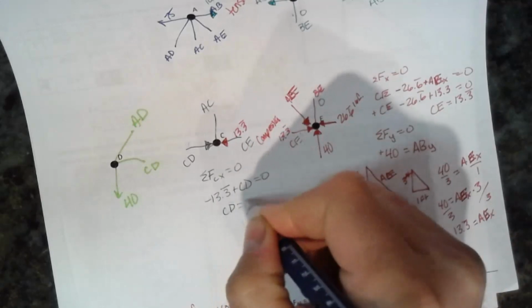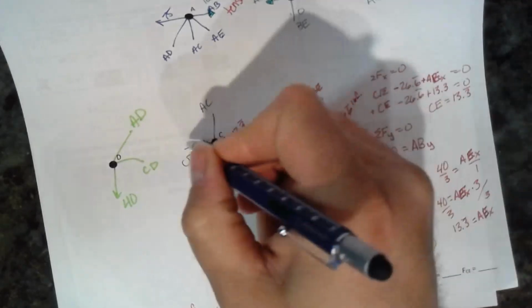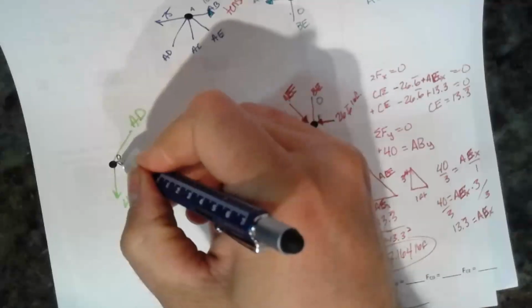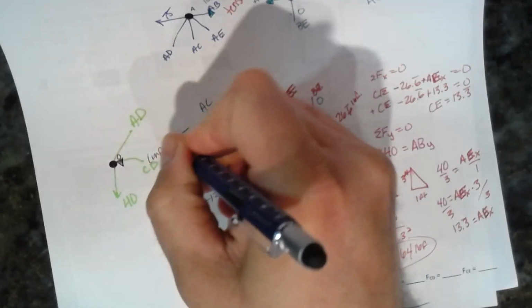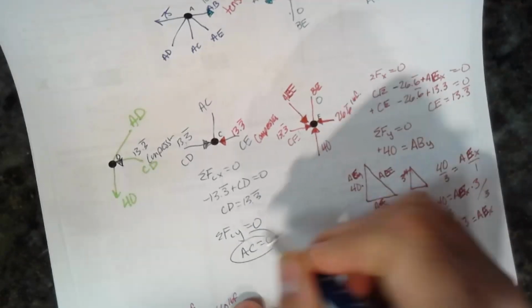So CD is 13.3 repeating. And if it's going to the right here, towards the joint, it's going the same here. It's in compression. And AC, the sum of the forces at C in the Y has to be 0. So AC is 0.